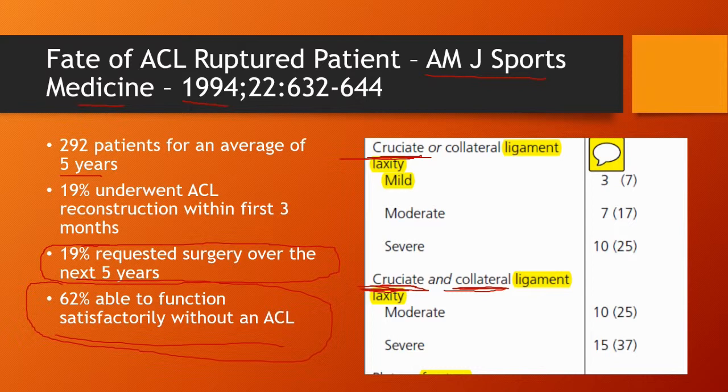So always assess all of the cruciate ligaments and all of the collateral ligaments to provide your examinee with the most accurate permanent impairment rating. Okay?